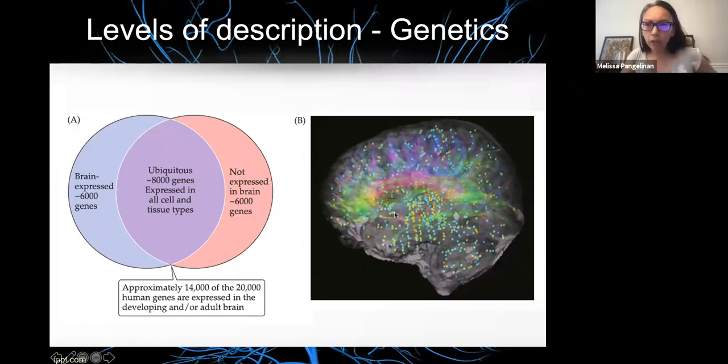It's nice to see what that looks like overlaid onto the brain. In this case, the color coding scheme is blue for low levels of expression, and orange and red for high levels of expression. You can see that there are different samples taken across the different brain regions, and again, different genes are expressed differently. If you're interested in the genetic level and specific genes in particular, you can go to the Allen Brain Atlas.